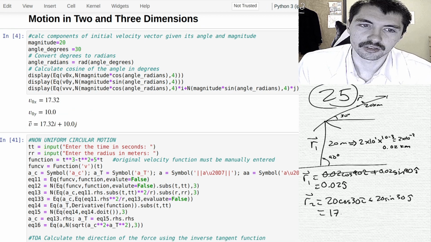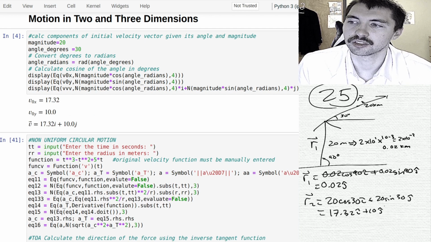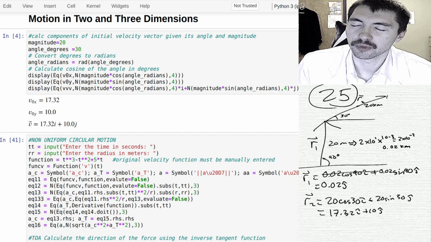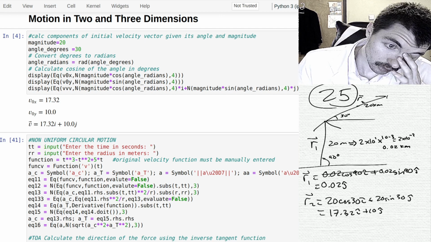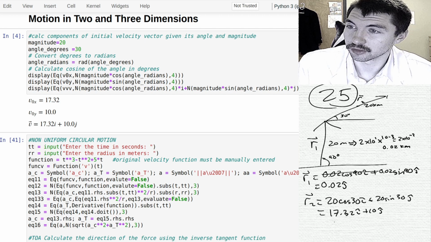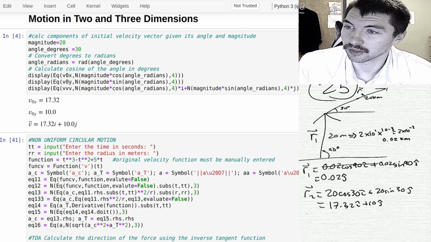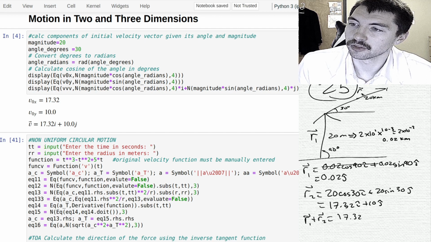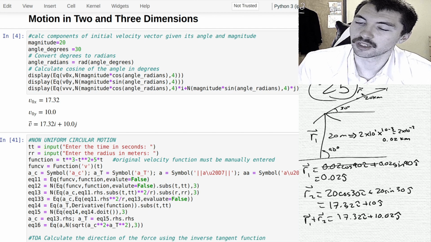So it's going to be 17.32 i plus 10 j. All right, so the displacement, I think we just add it. R1 plus R2 is 17.32 i plus 10.02 j.